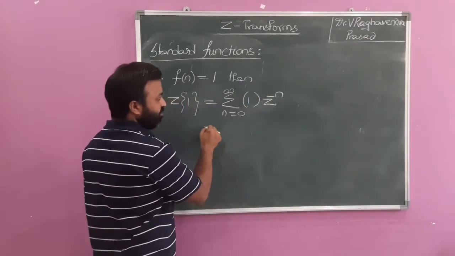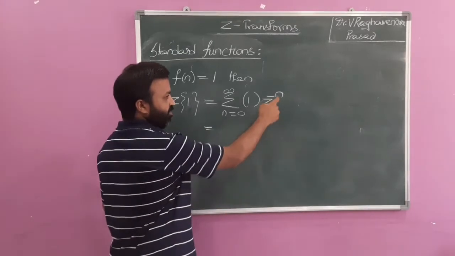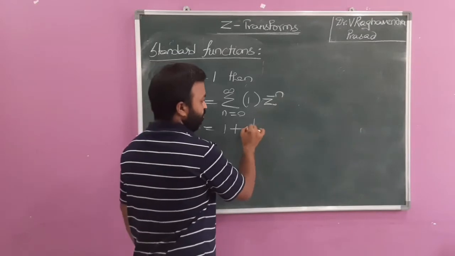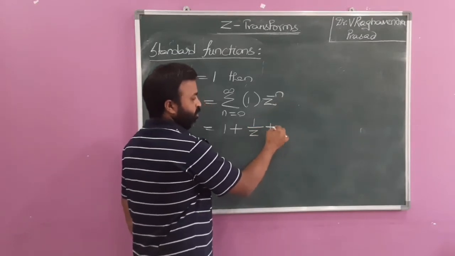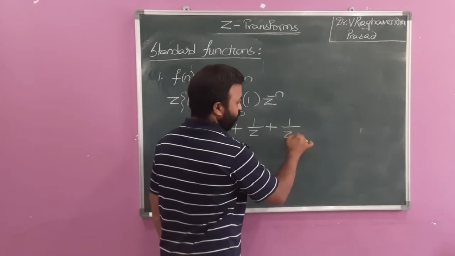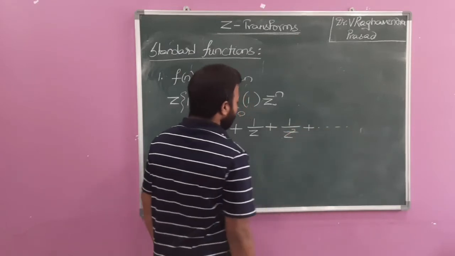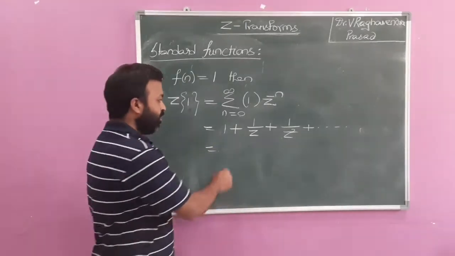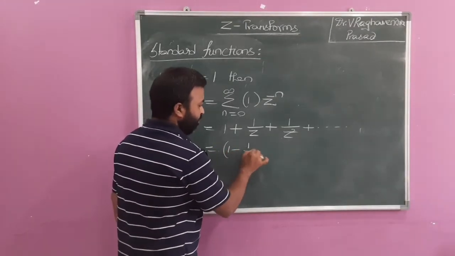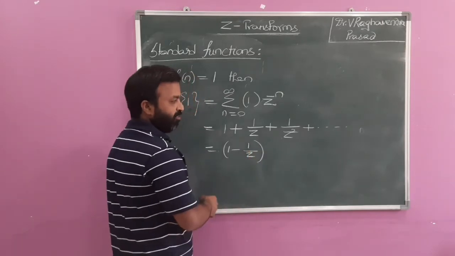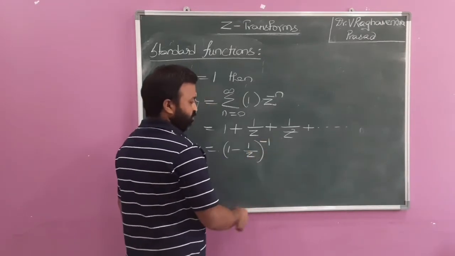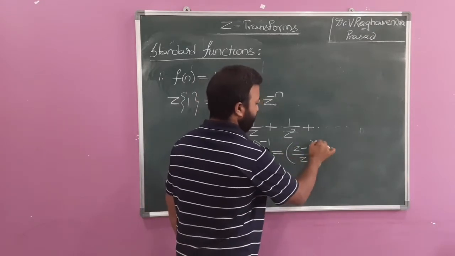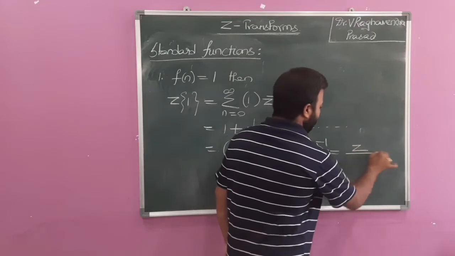On expanding this, for n equal to 0, z power 0, that is 1, plus n equal to 1, 1 by z, plus n equal to 2, 1 by z square, plus and so on. It is the expansion like 1 plus x plus x square plus and so on, that is 1 minus x to the power of minus 1. We have 1 by z as x. This gives 1 minus 1 by z to the power of minus 1, equal to z by z minus 1.